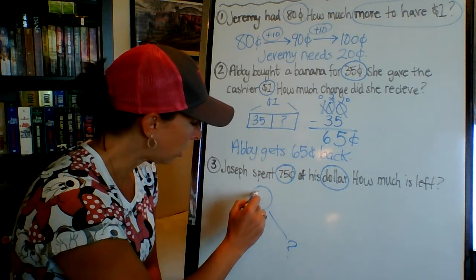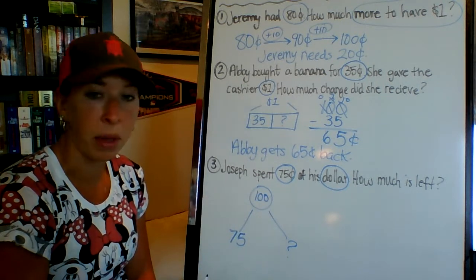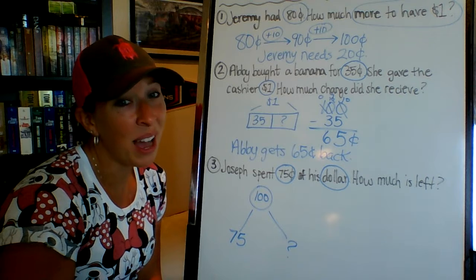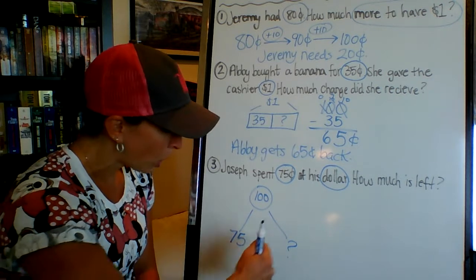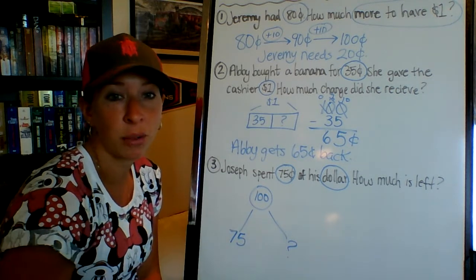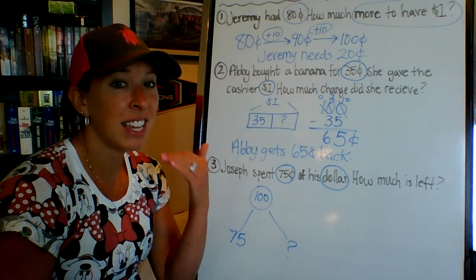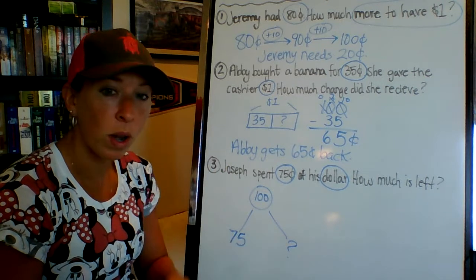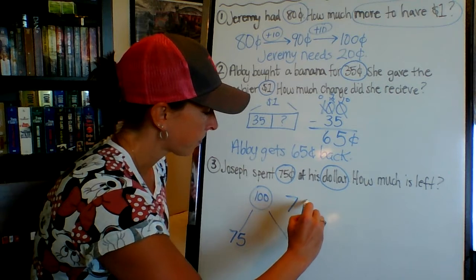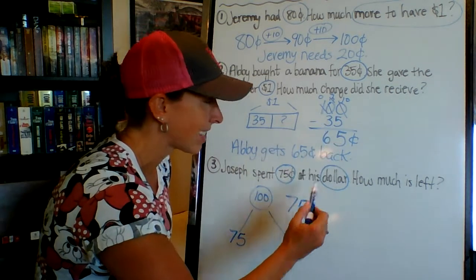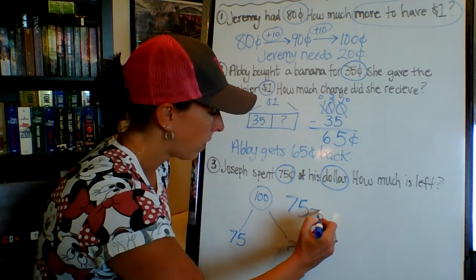And we know that $1 or 100 goes up there. Now, if you have gotten good at counting by quarters, you should know what's left here, right? Do you remember? 25, 50, 75, 100. So we should know what's missing. Or you can subtract like we did last time, but it's kind of hard when you got a bunch of zeros. We can just count up.